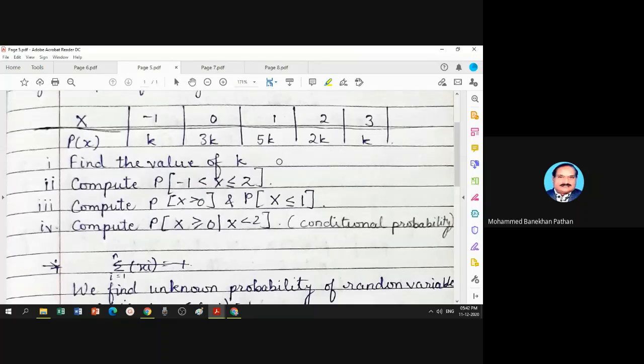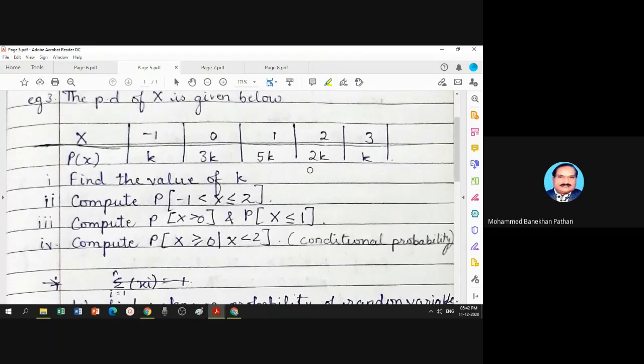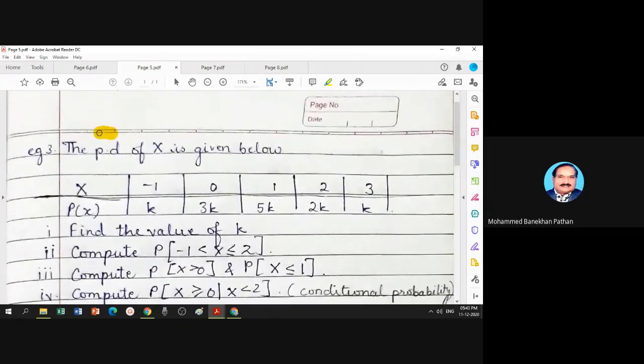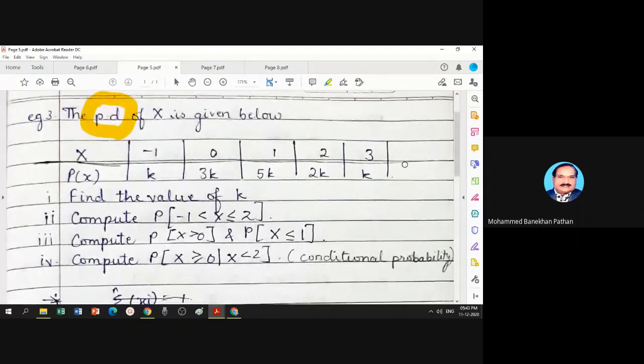Let us start with bit number 1, find the value of k. Now we want to decide the value of k by keeping in mind that this table represents a probability distribution. Now you know the condition of a probability distribution. The given table will be known as a probability distribution if the total of probability is 1.